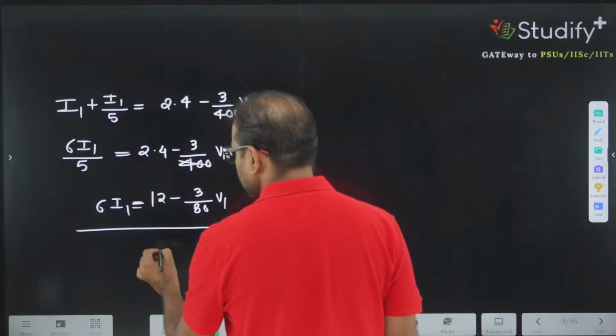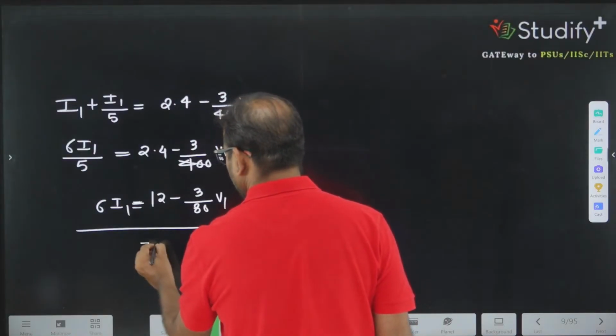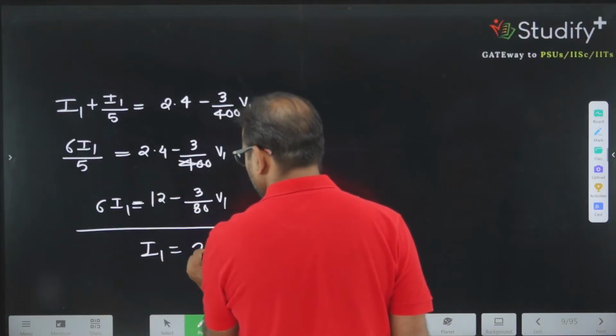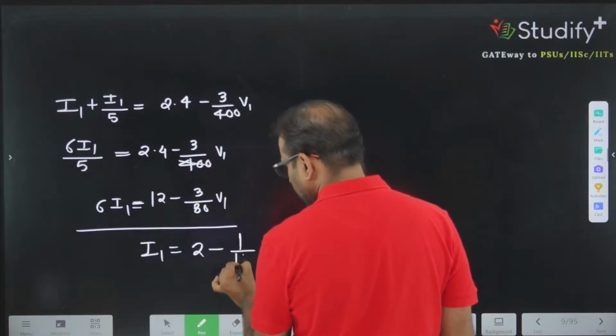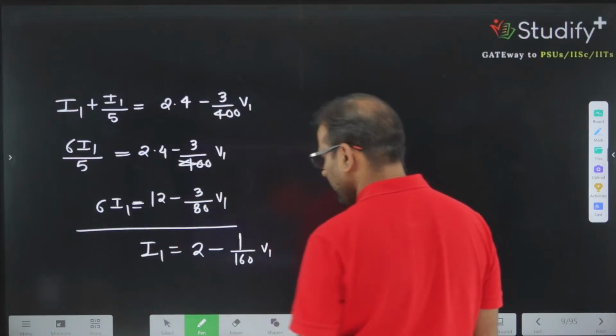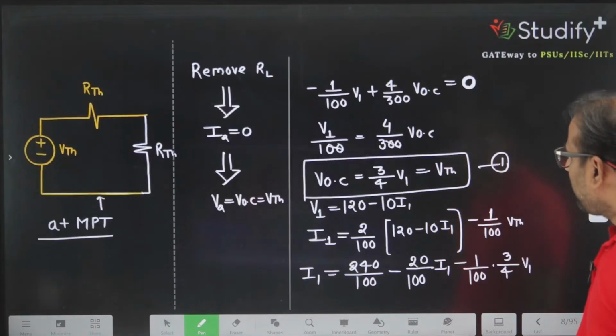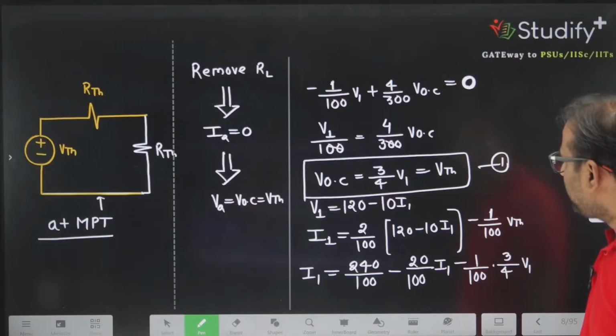This value is I1 equal to 2 minus 1 by 160 V1, and the V1 and I1 relationship.